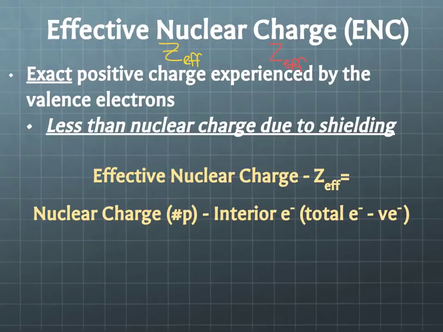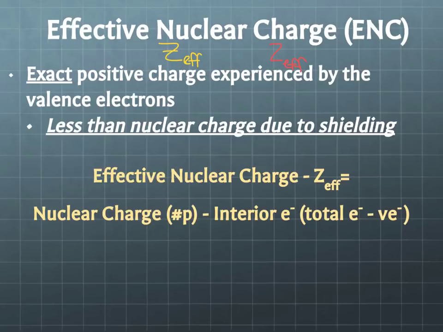When I talk about it in class, I'll say Z-eff. Effective nuclear charge is basically referring to the exact positive charge that's experienced by the valence electrons. So the nuclear charge minus the shielding gives us our effective nuclear charge.